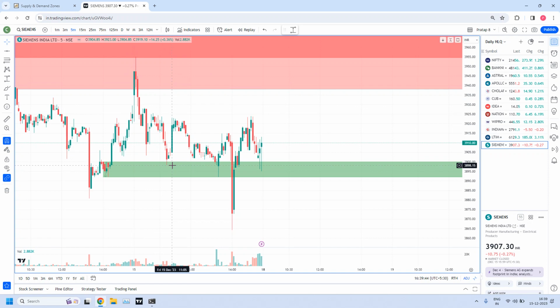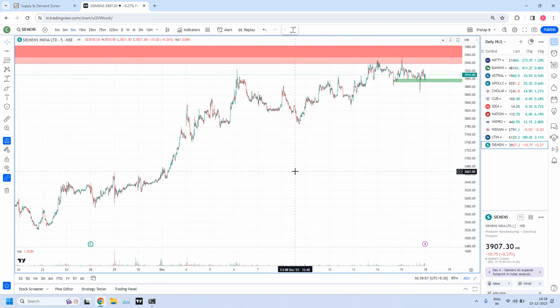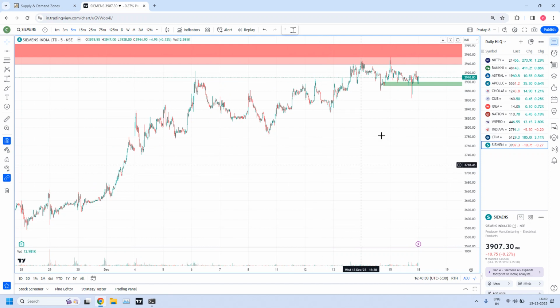Everything looks excellent, right? But there is an issue. I don't know how many of you noticed. The RR is not good. The RR is close to 1:2.